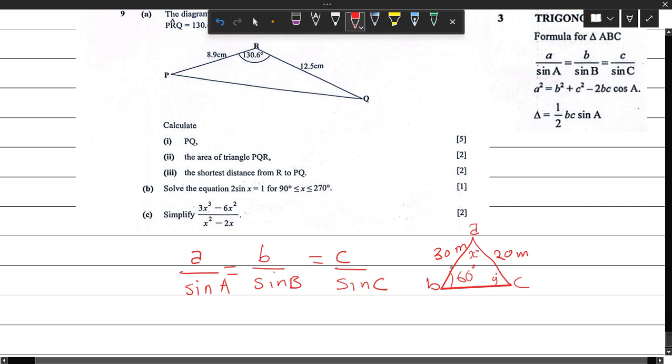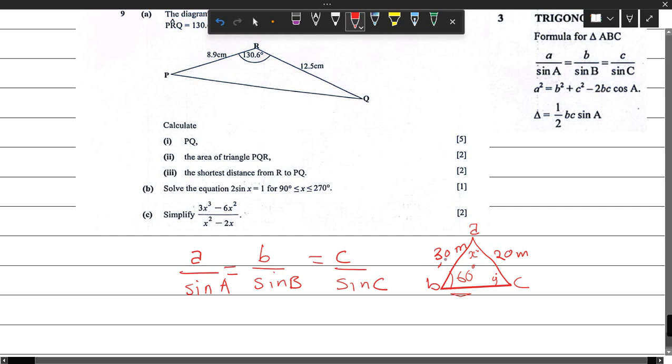If you have an angle and the opposite distances, this distance and this distance, and one is missing, you know that you're going to use what?